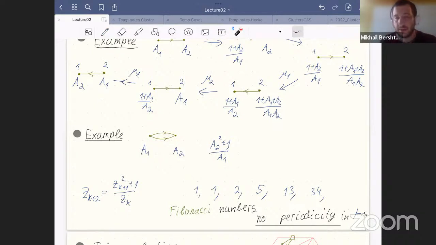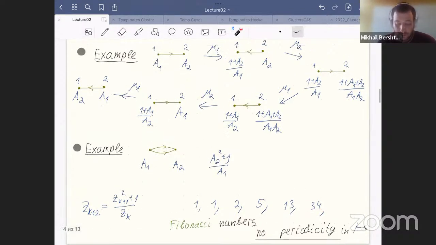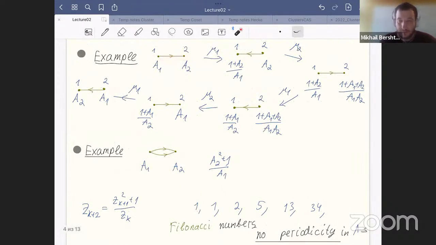So up to automorphism, you have one quiver, or if you do not allow permuting vertices, you have two quivers. It's not a big deal. But there is no periodicity in the values. You see they grow just like this. So the case where we have one arrow is the simplest case, but it's quite special.